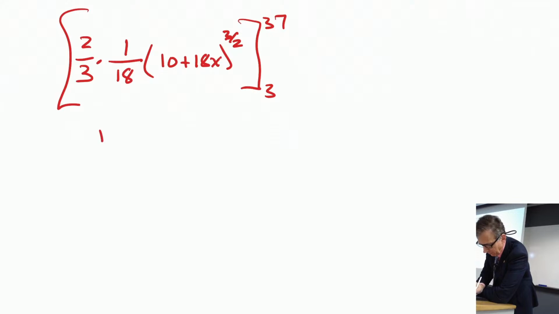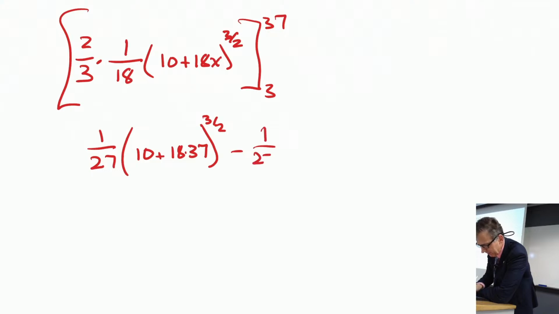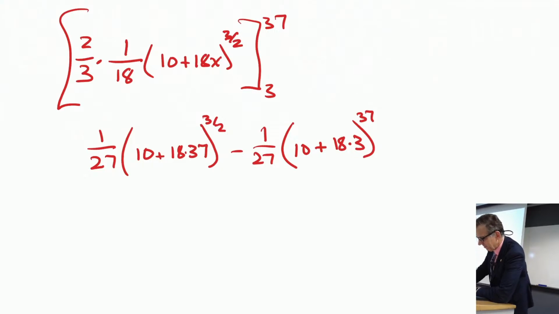So that's going to be 1 over 27 times (10 plus 18 times 37) to the 3/2 minus 1/27 times (10 plus 18 times 3) to the 3/2. 18 times 3 is what, 54?